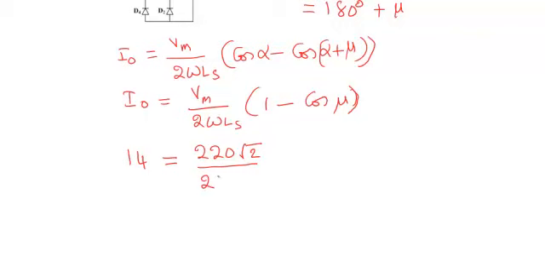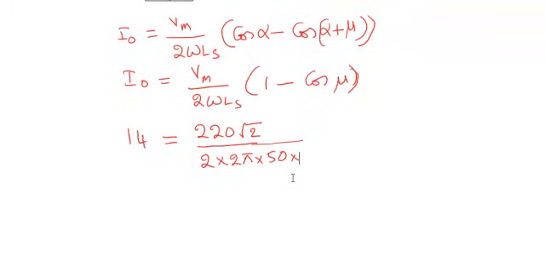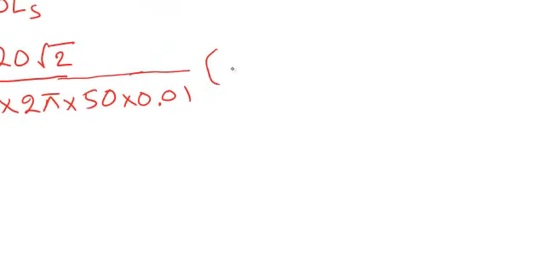Omega means 50 Hz is given, so 2 pi into 50, into inductance, which is given as 10 millihenry. 10 millihenry means it is 0.01, into 1 minus cos mu.